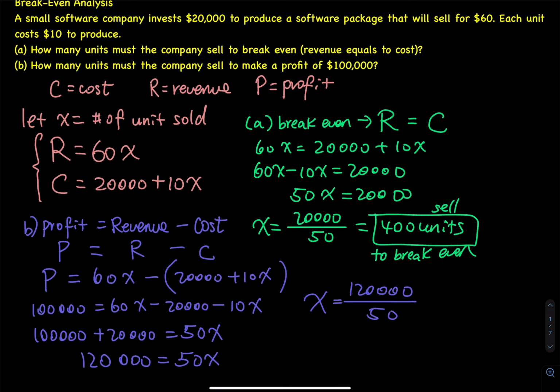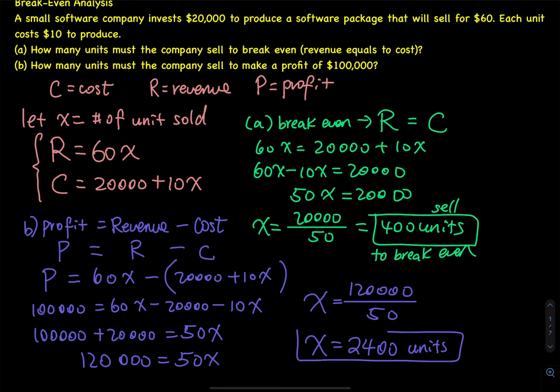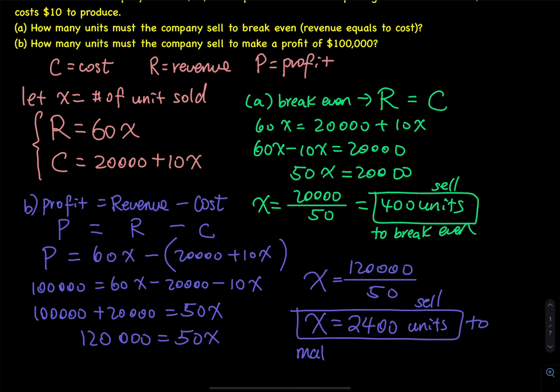How many units do you have to sell? Well, the answer is you have to sell 2,400 units. So let me box this. You have to sell that many units to make $100,000 profit.